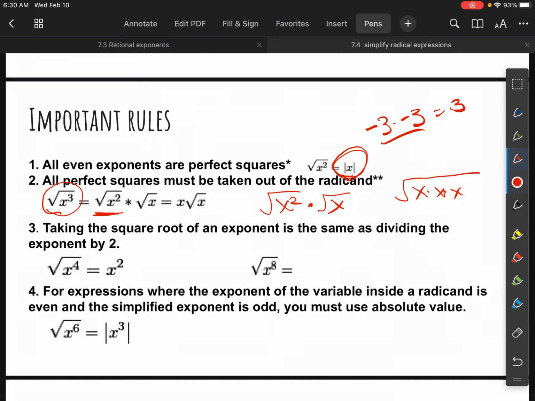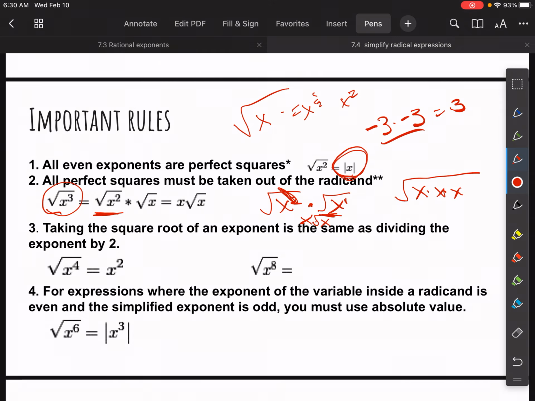We know from past math that the square root of x, which is x to a half, is the opposite of x squared, right? So if I take the square root of x squared, these cancel and I'm left with x on the outside, and since this is an odd exponent on the inside, I leave it in radical form. So all the evens come out, all the odds stay behind.